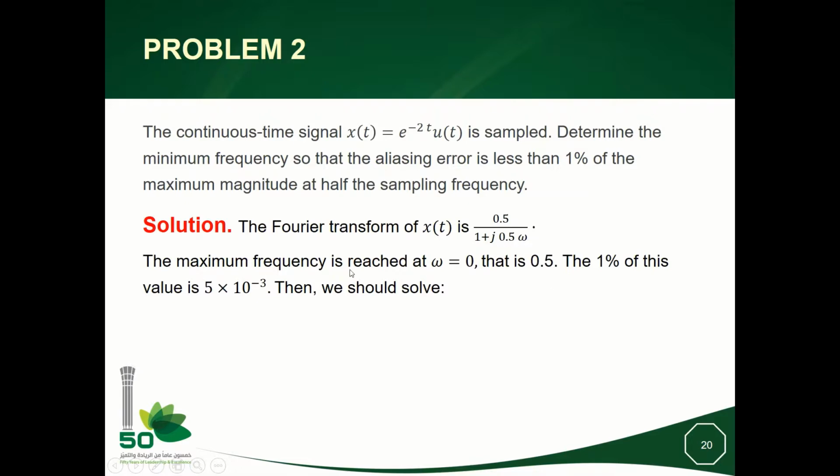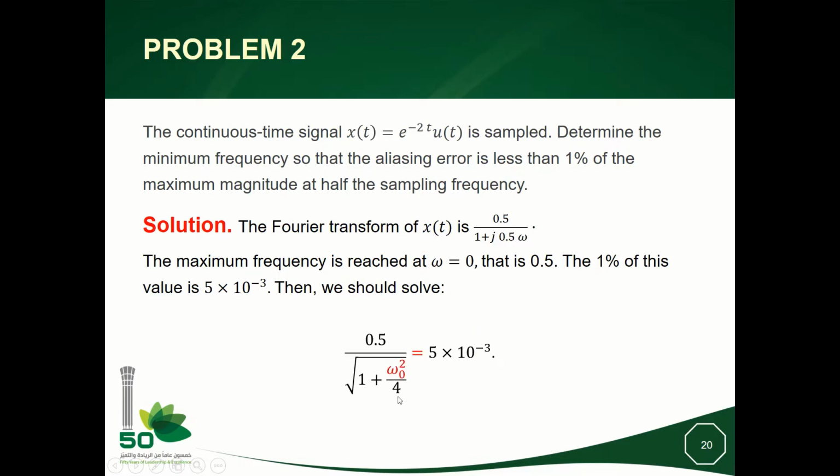The maximum magnitude of this spectrum is reached when ω is equal to 0, which gives 0.5. If we tolerate 1% of this maximum magnitude 0.5, it means we are speaking about an error of 10⁻³.